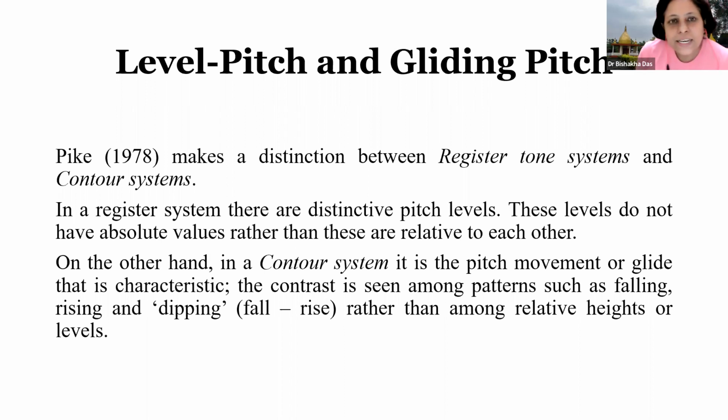For instance, in Mandarin, one is rising pitch, ma, and the other is falling and rising, like dipping. It's low dipping, ma. Now, these kinds of tones create perceptual confusion, which we will be discussing soon.